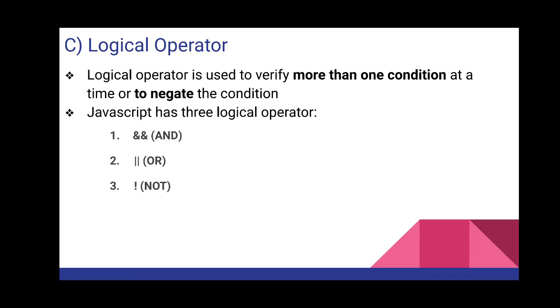To negate means if I am giving input as 1, in the output it should give me exactly the opposite output. So if I am giving the input as 1, it will give me output as 0. Now students, the output of any logical operator will be either 0 or 1, right?